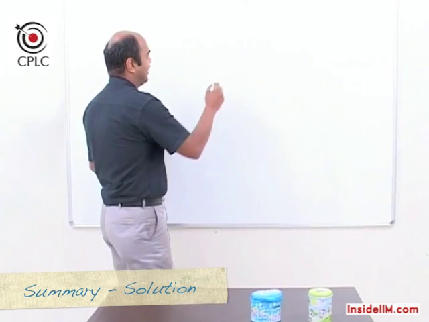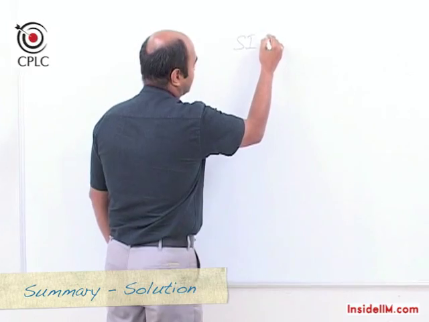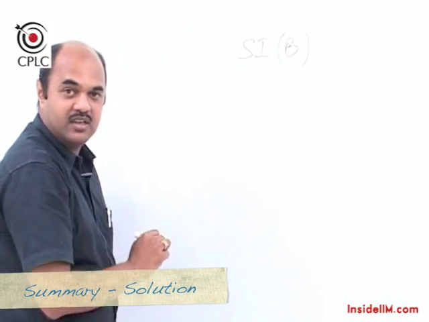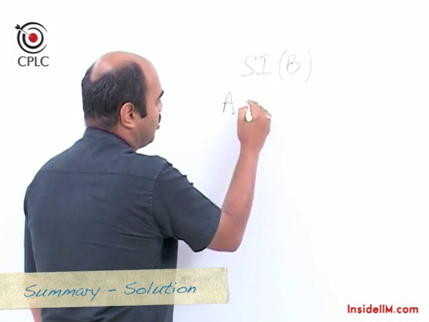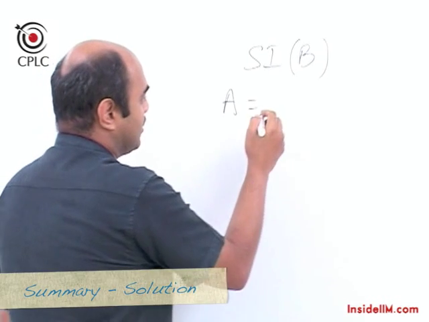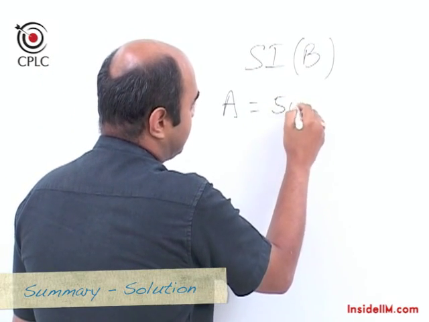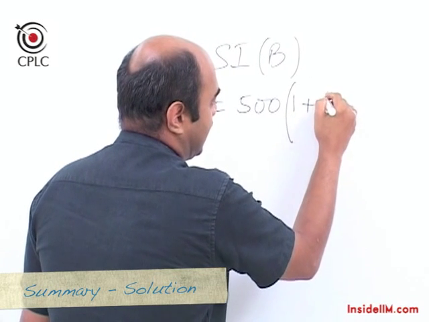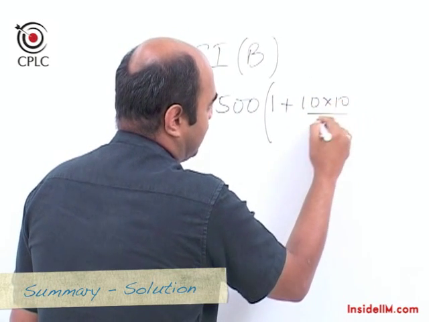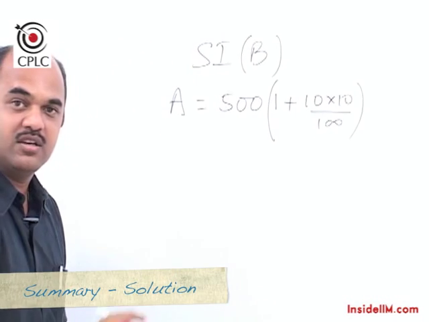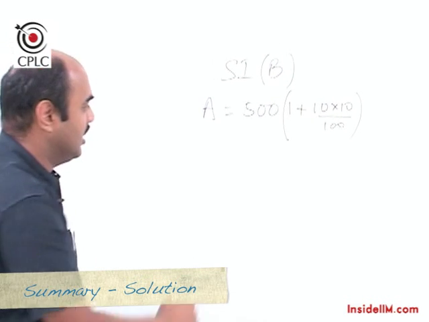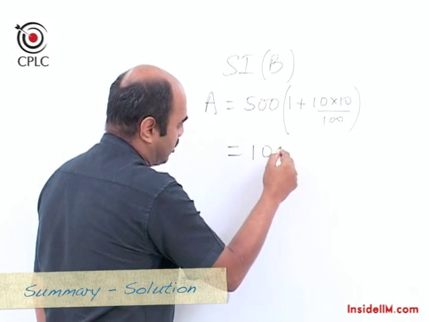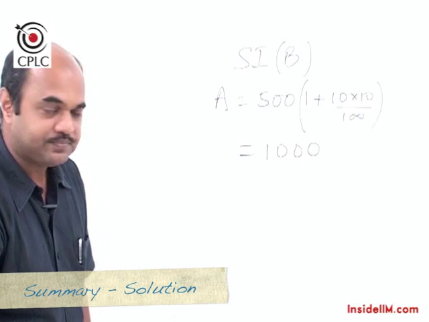So if I want to find the amount at the end of 10 years, it would be principal, which was 500, into 1 plus NR upon 100, where N was 10 years and R was 10%, and hence this amount would become 1000 rupees.